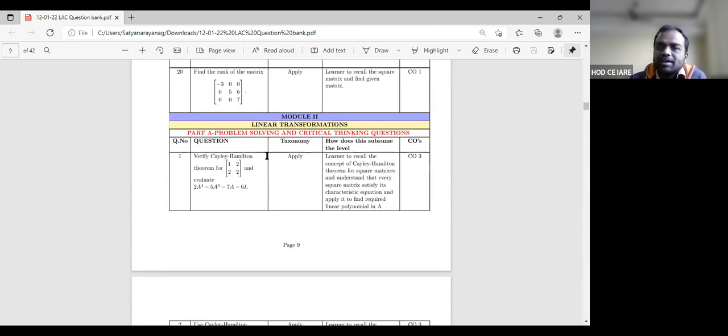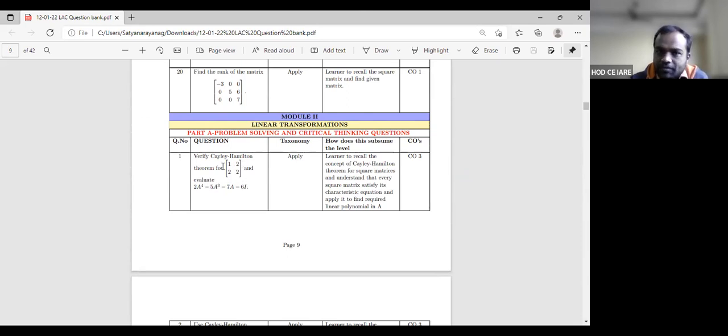Module 2, verify Cayley-Hamilton theorem for 1 comma 2, 2 2 and evaluate 2 into a power of 4 minus 2a cube, 5a cube minus 7a minus 6i.